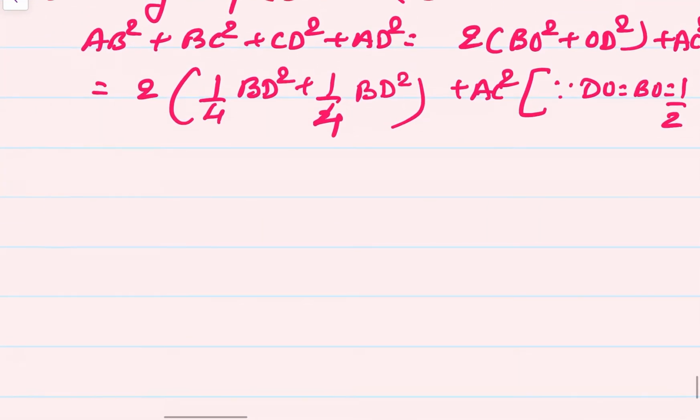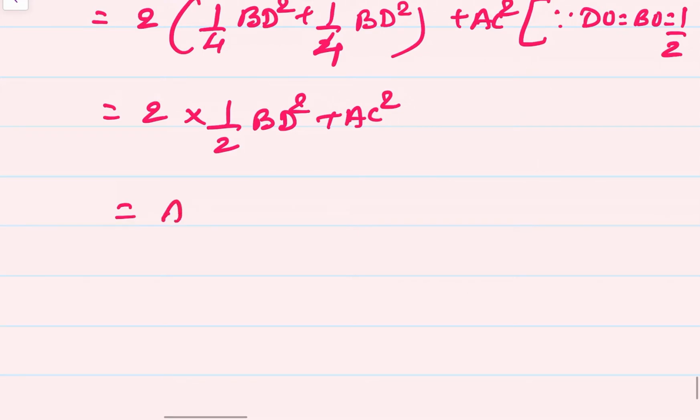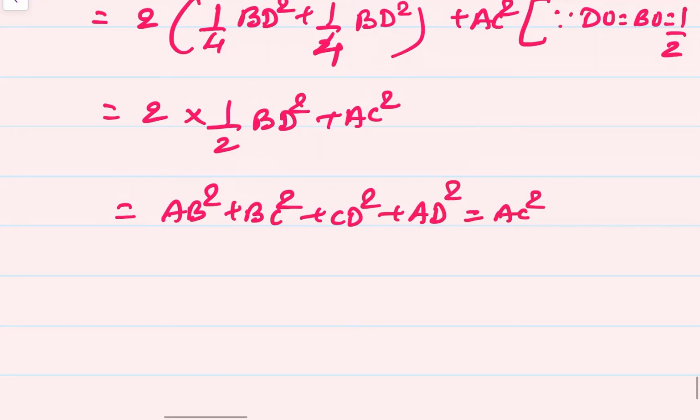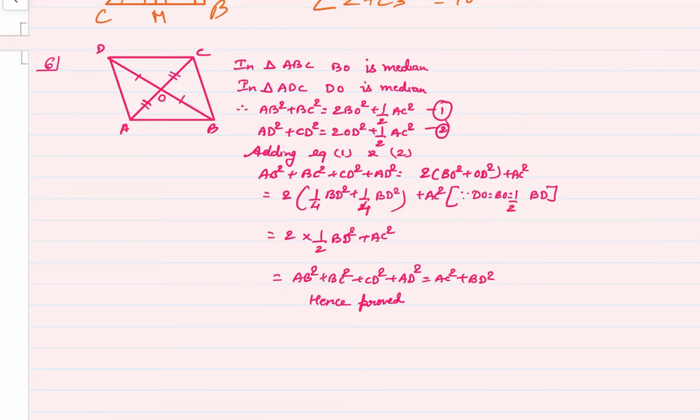So if we solve this equation algebraically, we get 2 into 1 by 2 BD square plus AC square, which is equal to AB square plus BC square plus CD square plus AD square is equal to AC square plus BD square. Hence proved. That is your example number 6. Now let us do example number 7.